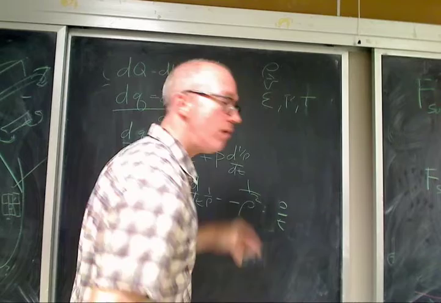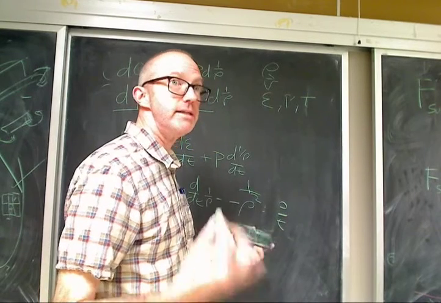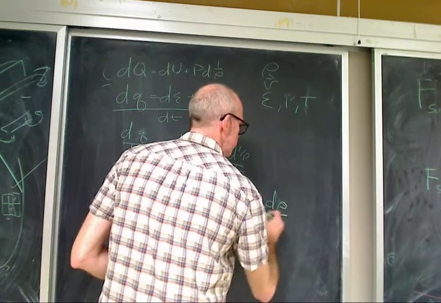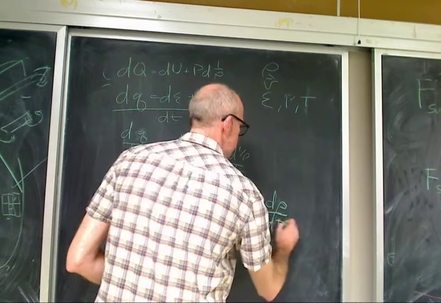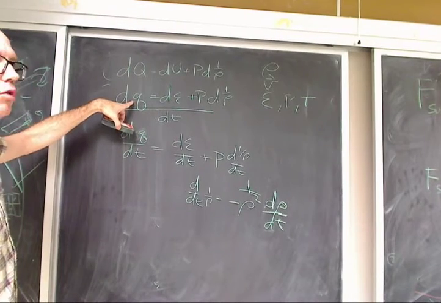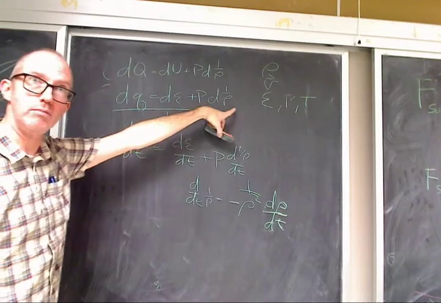Okay. One of the running themes in this class is: is it a partial derivative or a full derivative? It makes a difference. This is a full derivative, because we started here, this is a whole quantity, this is a whole little bit of heat, and this is a whole little bit of internal energy, and this is a whole little bit of volume.